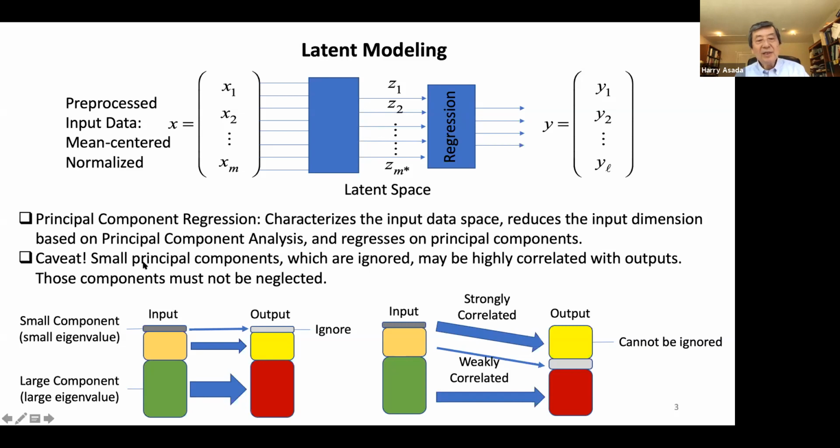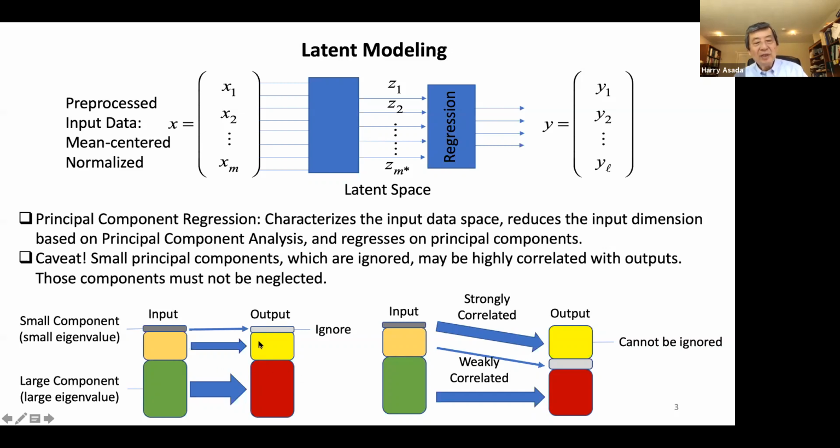The caveat is, somewhat quietly in principal component regression, we assume that a component having a large eigenvalue, a very important, large significant component, also has a large footprint in the output space. Including this mode is important to predict the output y, right?